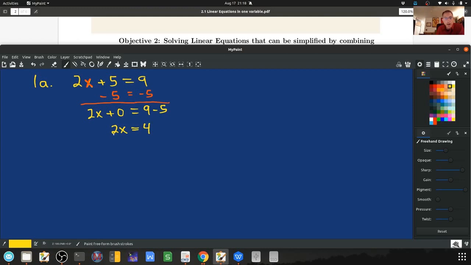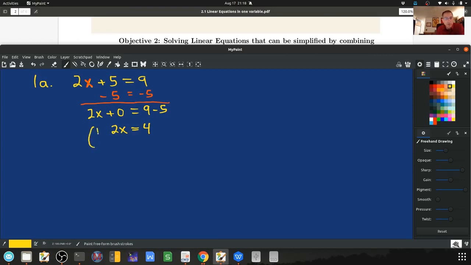So now I know how many 2x's are. I want to know how many 1x is. So here I need to use the multiplication principle. I need to multiply both sides so that I get a 1x instead of a 2x. What do I multiply 2 by to get 1? Well, I multiply it by its reciprocal, right?